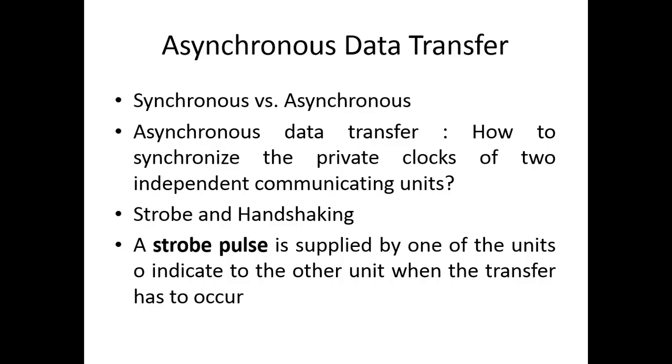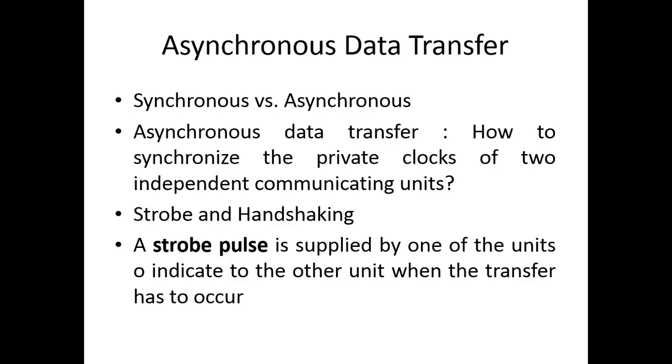So there are two ways to achieve this. One method is known as Strobe, and this is one of the simplest methods to implement asynchronous data transfer. The other method, which is referred to as handshaking, can be considered as an extension of the first method, the Strobe control mechanism. So we'll see these two methods in detail in this topic.